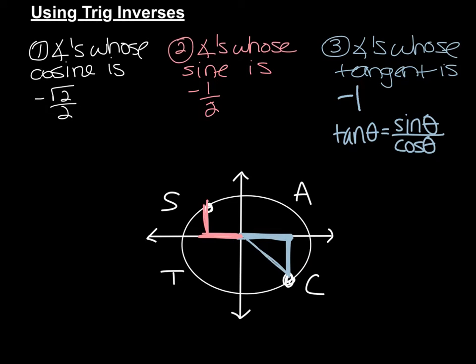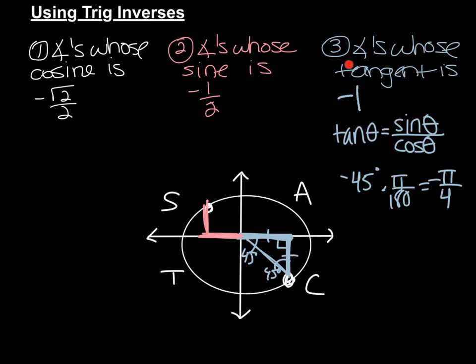Which means, since this is a right triangle and these two distances are congruent, the angles opposite them must be congruent. So that means this is a 45, 45, 90 degree triangle, which means that this is a -45 degree angle, which if we were to write it in radians, we would just multiply by pi over 180, which would just give us -pi over 4 radians as our answer.